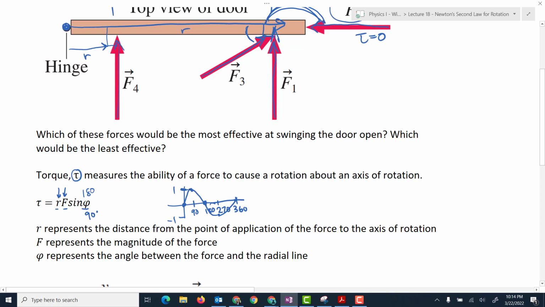So if it's 90, you have the biggest possible torque. If it's anywhere between 0 and 180, you will have a torque, but it's small when it's at 0. It's 0 when it's at 0, and when the angle is 180, it's also 0. And when it's anywhere in between, it's somewhere between 0 and 1. This is the sine of the angle value. And so the closer your angle is to 90 degrees, the larger your torque will be. Okay?